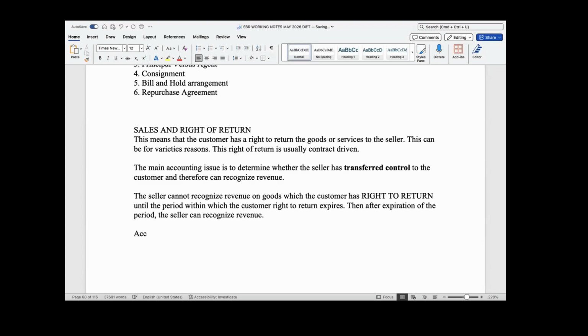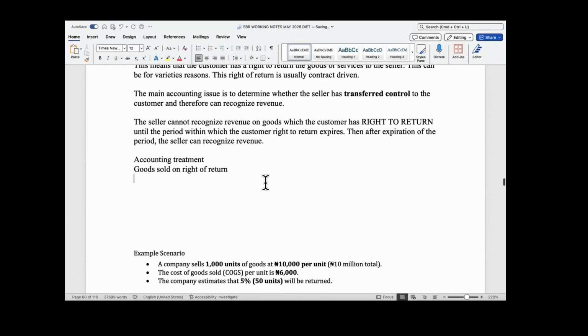So what would then be the accounting treatment for the goods sold on right of return? So let's assume the customer has paid. What are we going to debit? Who can tell me? If you have received money, what will you debit?